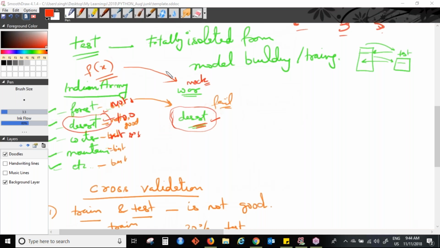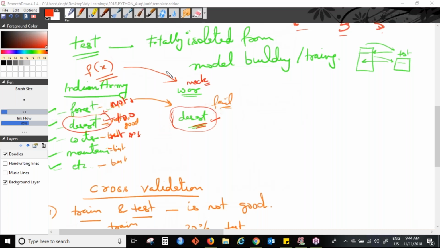But how do you think we should address this problem? The problem that we are facing is that if we just look at the test data and decide our parameter values, this becomes cheating, because we are looking at the test and then deciding the parameter value. So to avoid that, we will divide our data into train, validation, and then test.